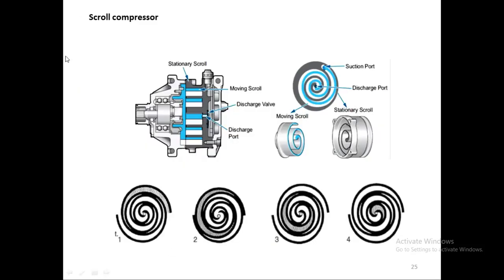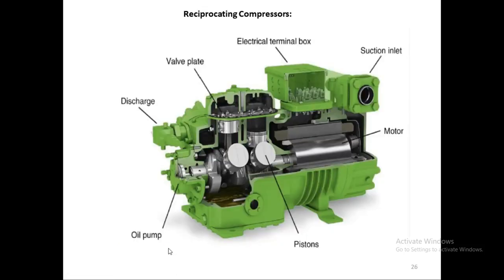This is the scroll type compressor. A scroll type compressor has basically two scrolls in it. One is the stationary scroll, and the other one is the moving scroll. So suction comes here, and the moving scroll will be compressing it, and then it will go out from the other end. I'll try to show you a video on that, and you can see how it works.